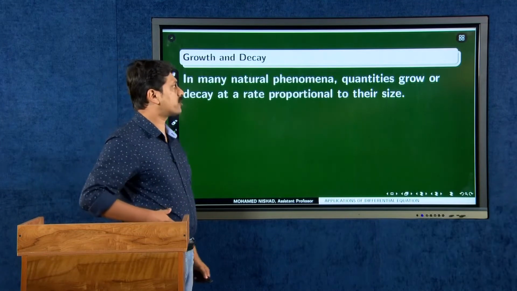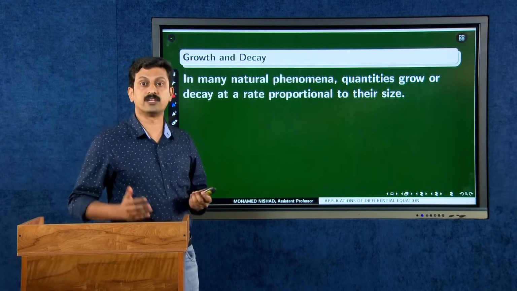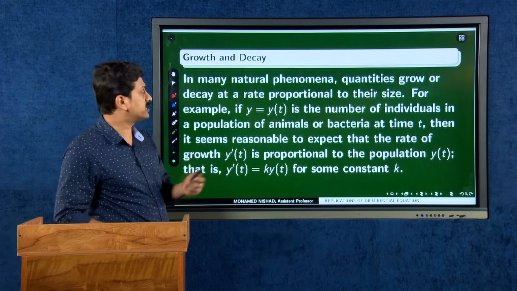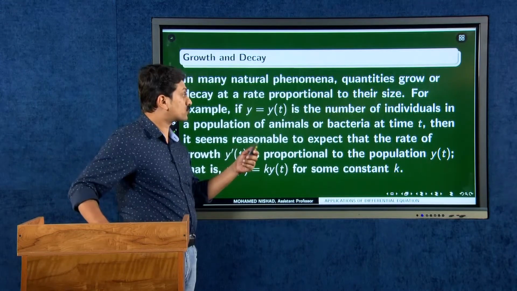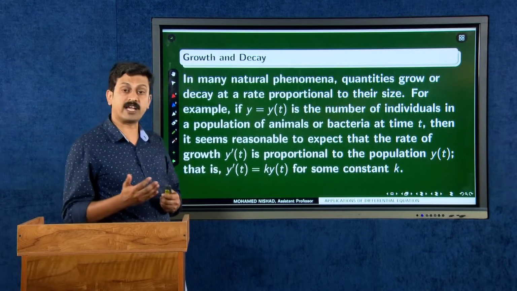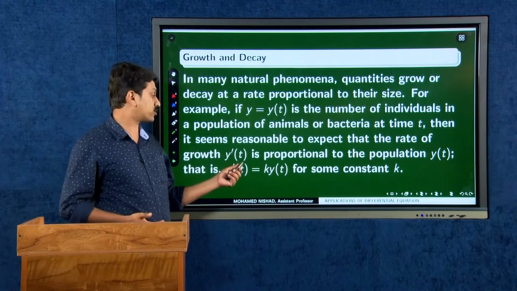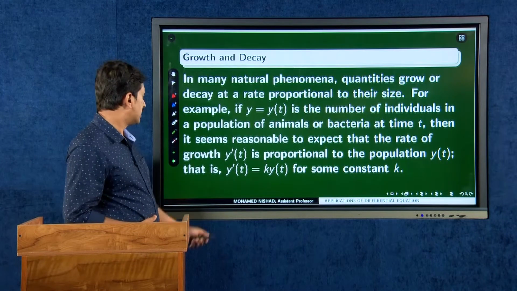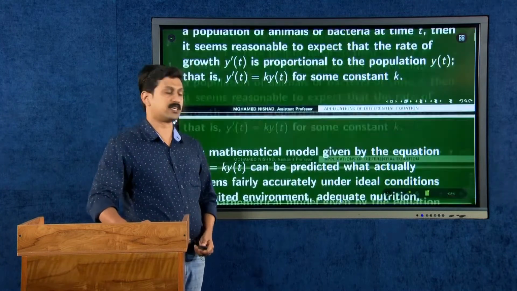In many natural phenomena, quantities may grow or decay at a rate proportional to their size. For example, if y equals y of t, the number of individuals in a population of animals or bacteria at a time t, then it seems reasonable to expect that the rate of growth, y dash of t, is proportional to the population y of t, that is, y dash of t is equal to k y of t for some constant k.